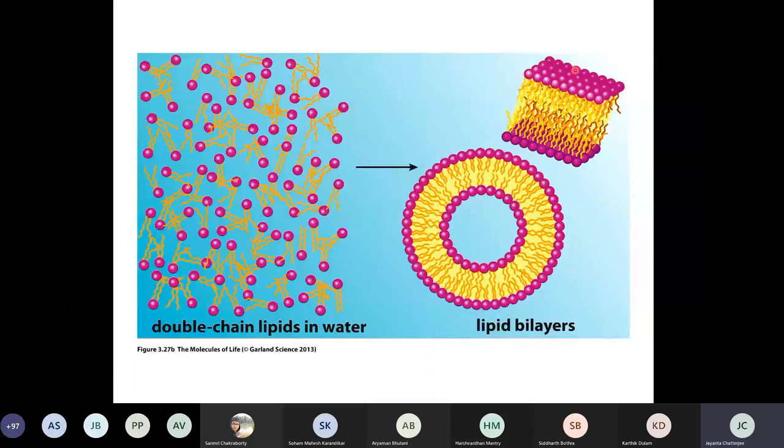These lipids also form very nice spherical vesicles. This is a cross section of a vesicle.